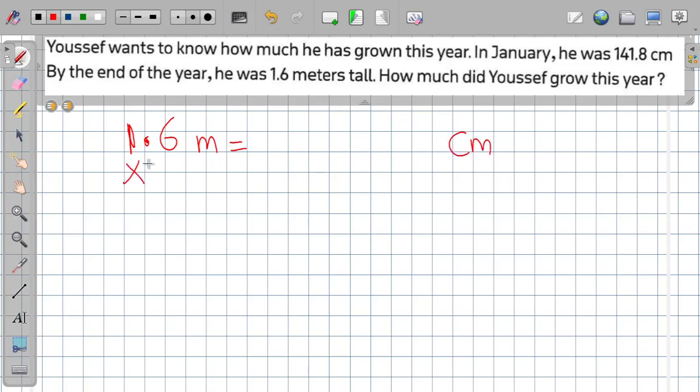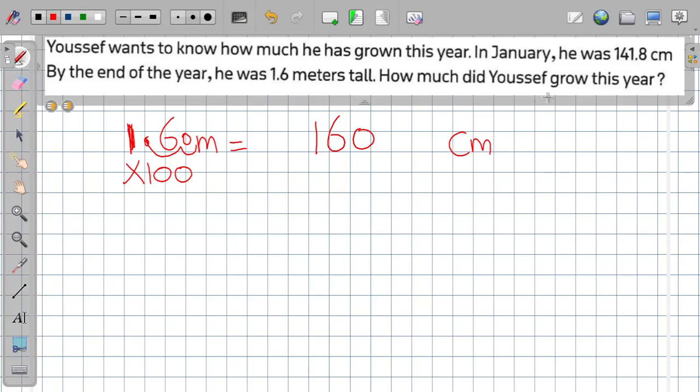I will multiply 1.6 by 100 because 1 meter equals 100 centimeters. So 1.6 by 100, I will move the decimal point 2 places to the right. So I will add a 0 here. So it will be 160 centimeters.